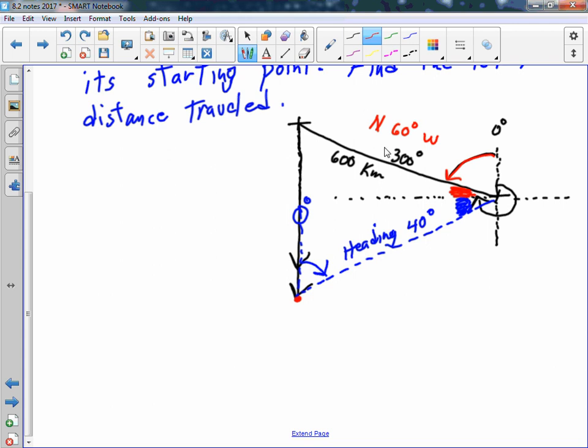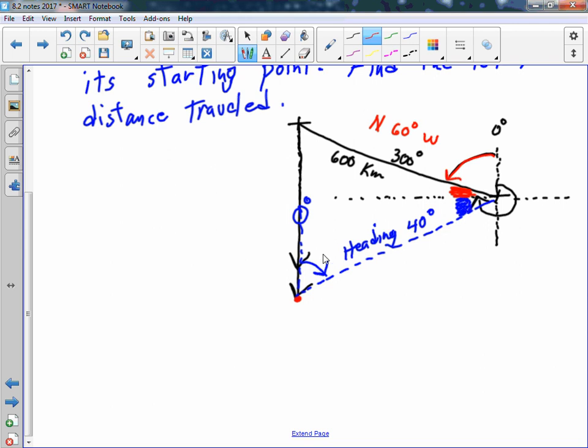Well, 300, my reference, or my grid here, I said was 270 from here, 90 from there, I guess you'd say. So that would be 300 minus 270, 30 degrees for this little one in here, 40 degrees here, 40 degrees here. And so that total angle then would be 70 on the inside.